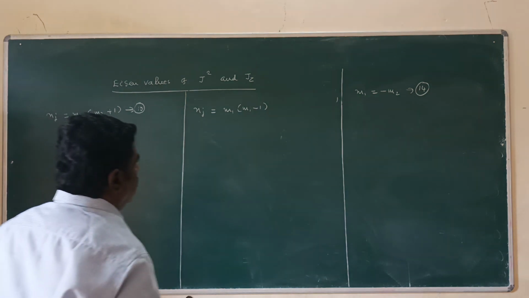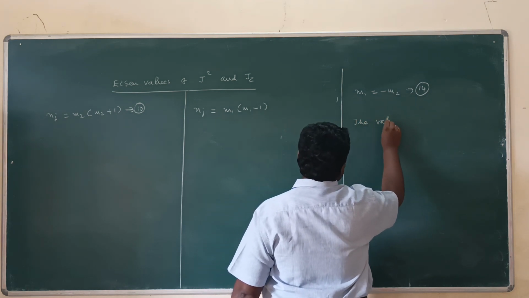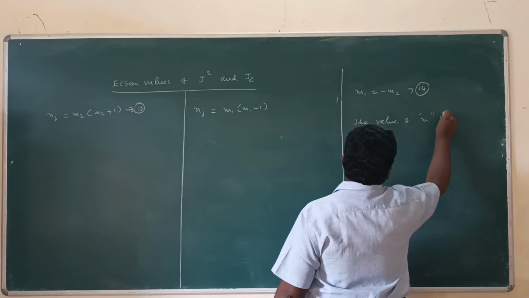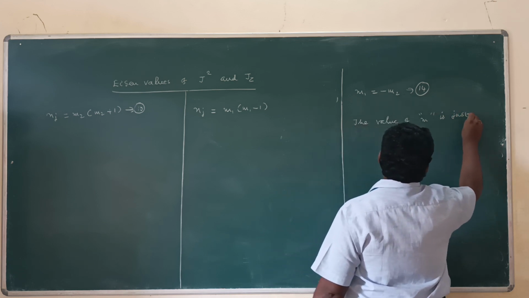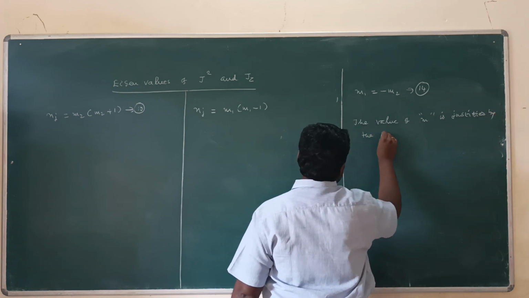However, the value of m is justified by the value of j.